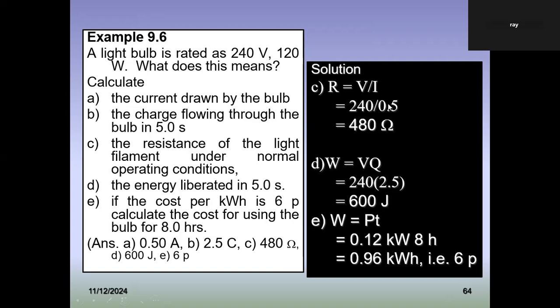Okay. You should be able to do up to E. I think E is F. Typed wrongly, is it?